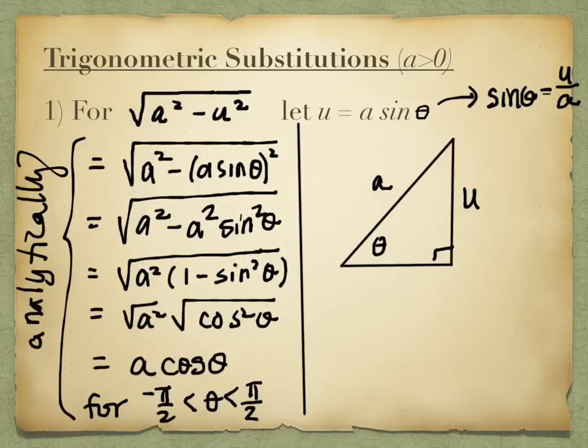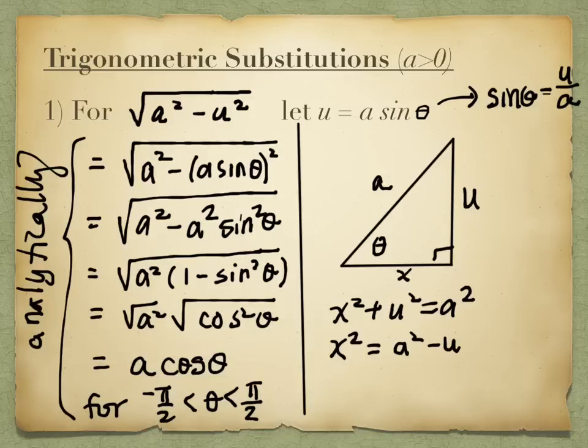All good? Okay. The side that's missing at the bottom, I can use the Pythagorean theorem to find that, correct? So this piece right here, let's just call it x for the moment. So I have x squared plus u squared equals a squared, and my goal is to figure out what x is. So I end up with x squared equals a squared minus u squared, and I square root.